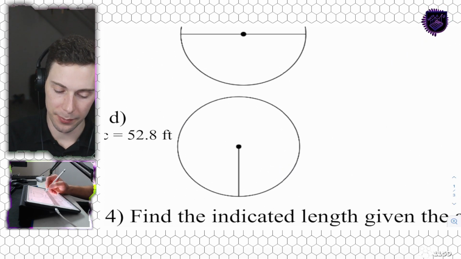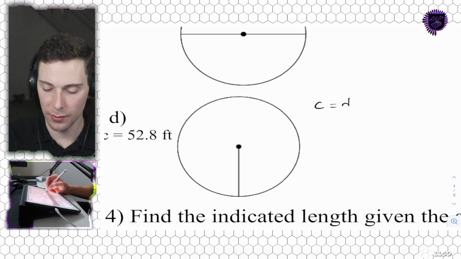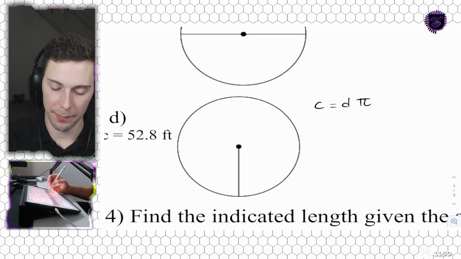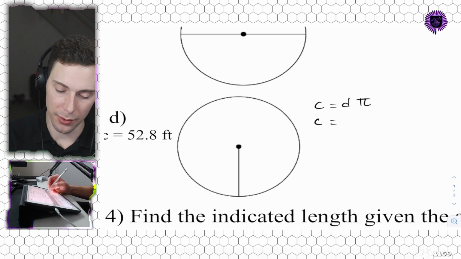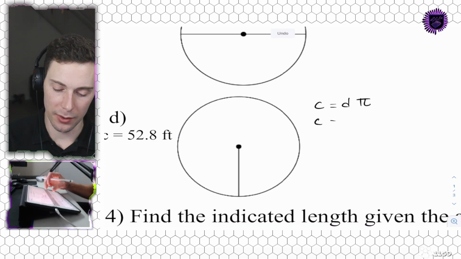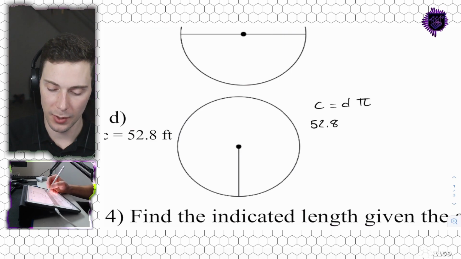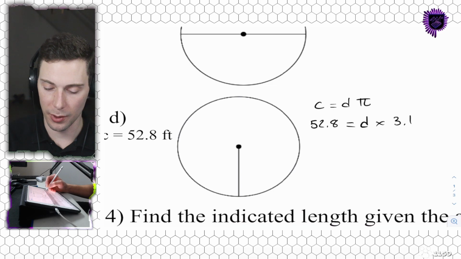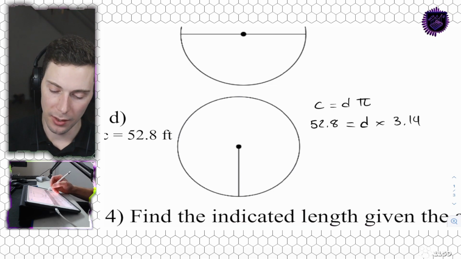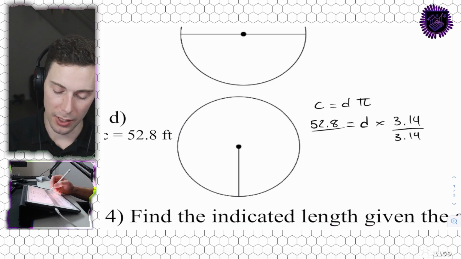Let's write our formula. Circumference is equal to diameter times pi. Circumference is 52.8, and that is equal to diameter times pi, which is 3.14. We don't know diameter yet, so we can isolate that variable by applying the inverse operation of the same value to both sides.